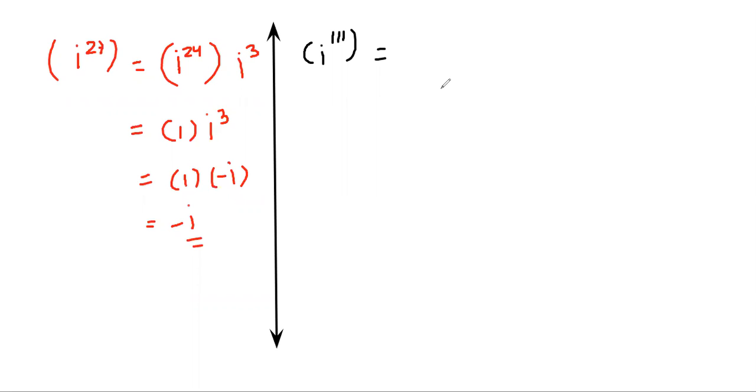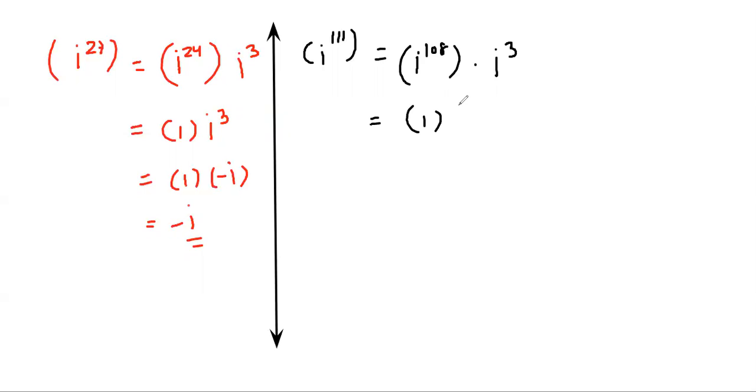Any guesses? Which is the nearest multiple of 4 in 111? i raised to 108. 108 is a multiple of 4. And here we have i raised to 108. Then we are remaining with 3. What is i raised to 108? It is a multiple of 4. So it would be 1.